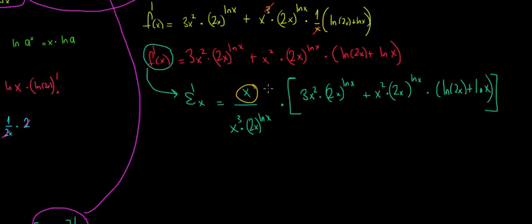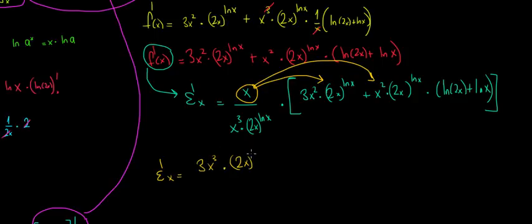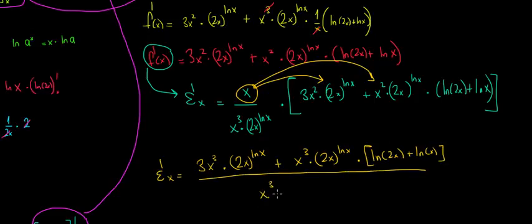So we can multiply x with the first, we can multiply x with the second, meaning that the partial elasticity is going to be equal to x times 3x squared, that's 3x cubed multiplied with 2x to the power of ln x, plus x times x to the power of 2 is x cubed multiplied with 2x to the power of ln x, multiplied with ln of 2x plus ln of x, keep this in brackets, divided by x to the power of 3 times 2x to the power of ln x.